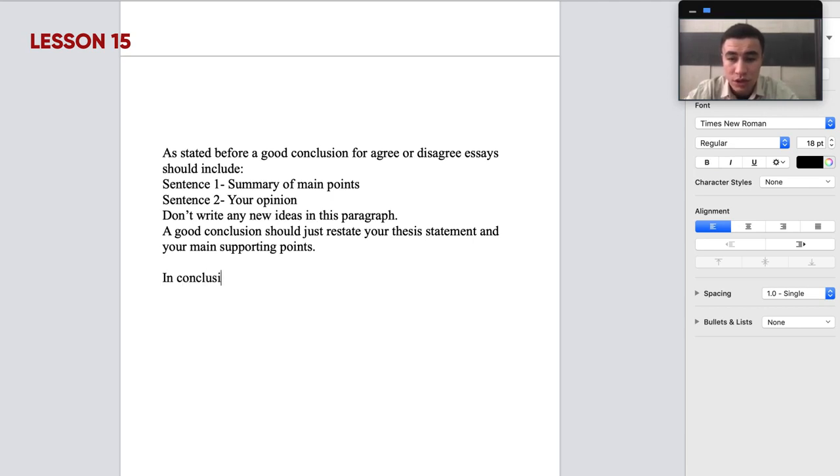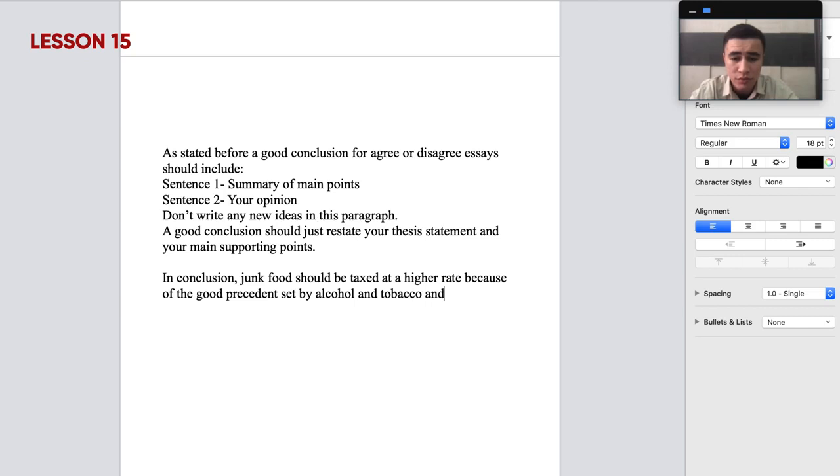In conclusion, junk food should be taxed, okay, at a higher rate because of the good precedent set by alcohol and tobacco, and the fact that the increased cost, let's say increased cost, should reduce the amount of fast food people buy.